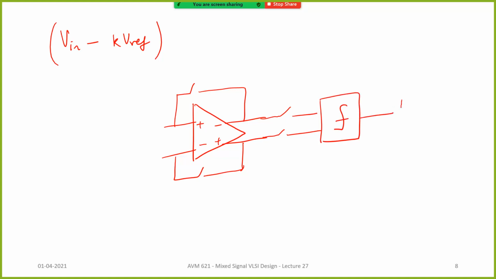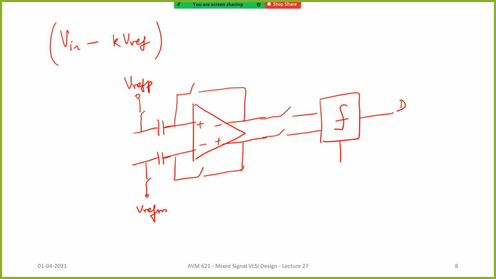Let's say this is your D. Now, let's say this is clocked. Let's put the clocking also later. Now, instead of writing VCM here, what you can do is you can have a switch which writes, let's say Vref P, and here you have Vref M.